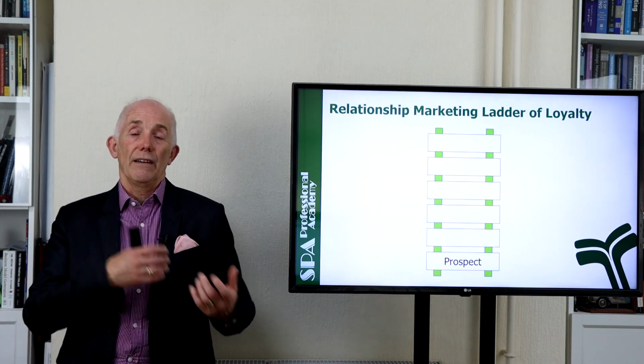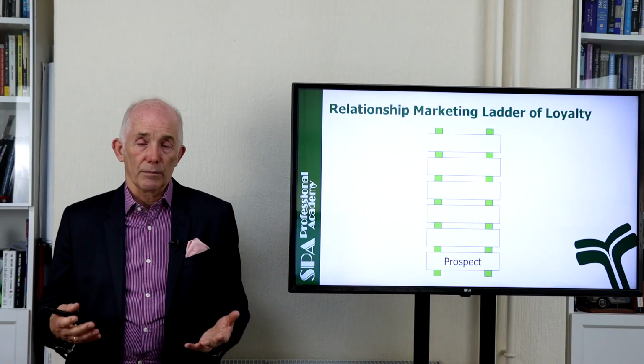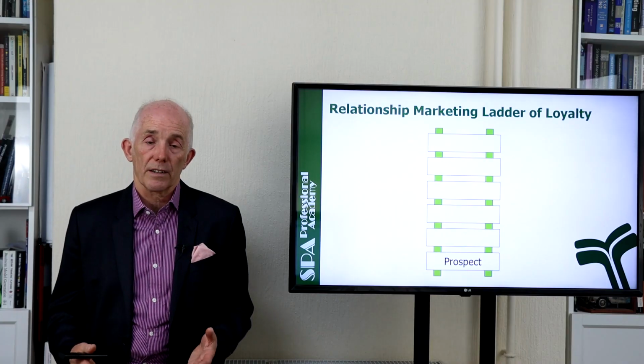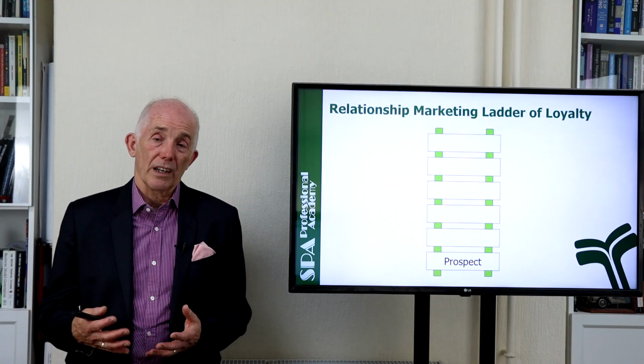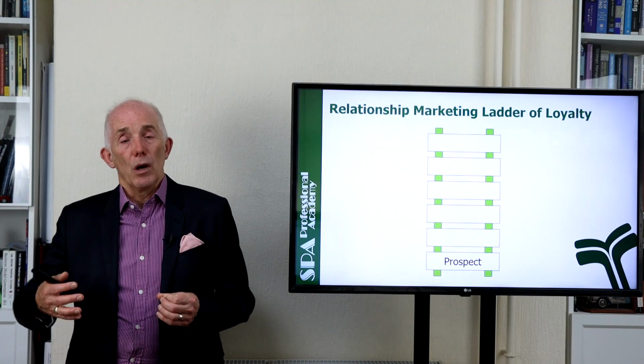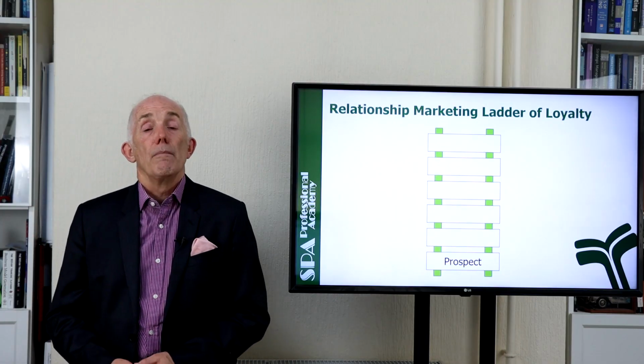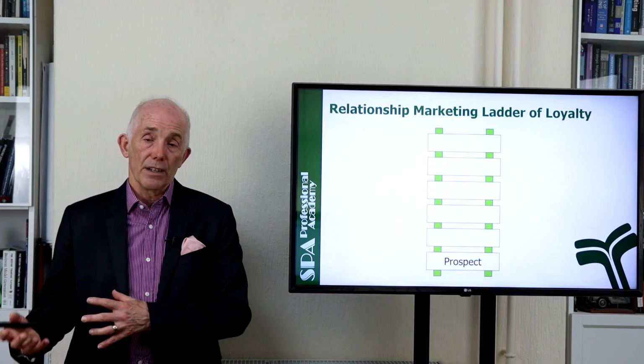The first level that Christopher et al. identify is that of a prospect. So what we're talking about with a prospect is somebody who could be a customer of the organisation, but as yet has never been a customer.